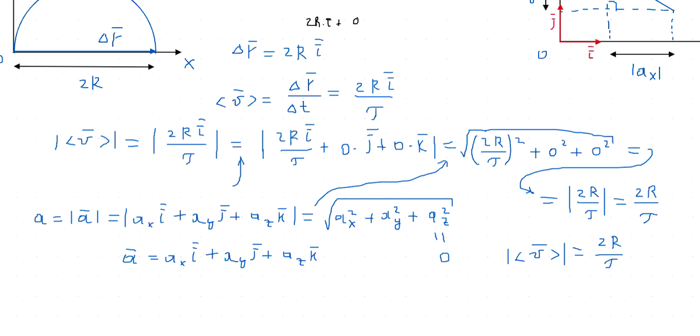In any other example, should we show the z, or do we need only x and y? For x and y, we only need x and y. Okay, so thank you.